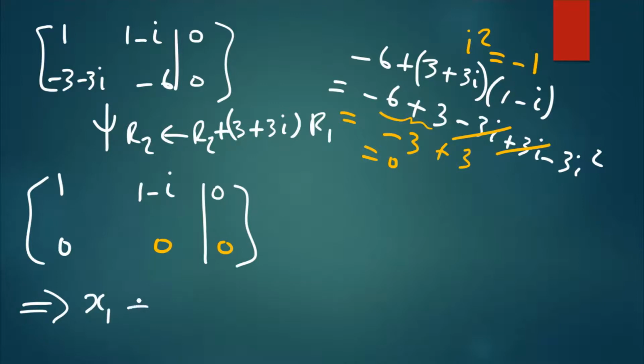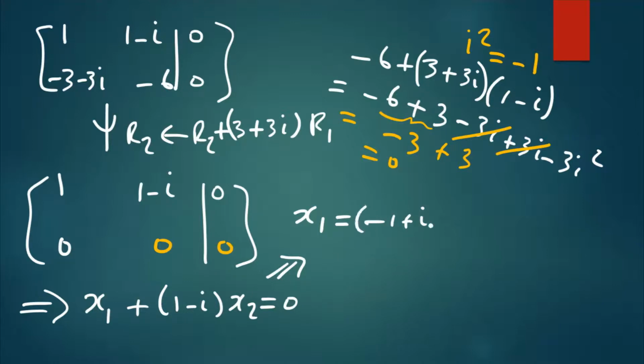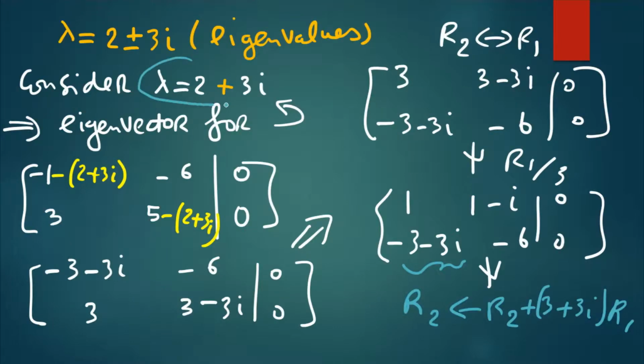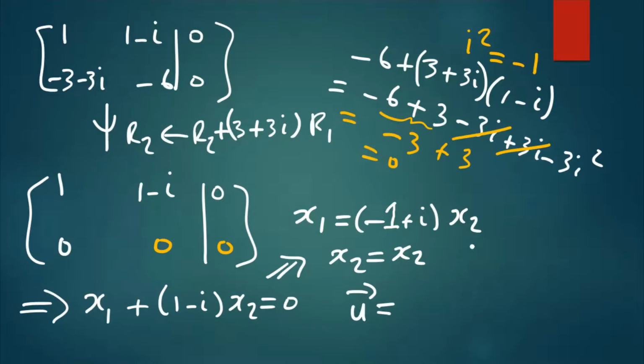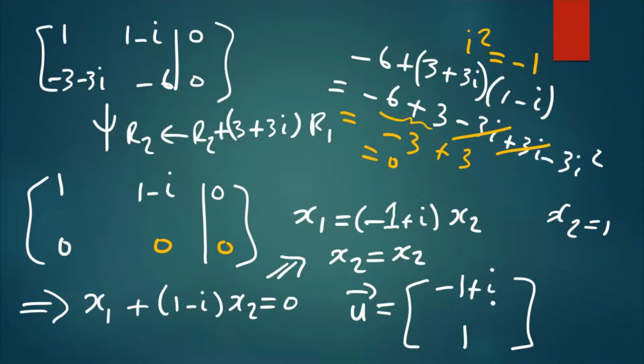We have x1 plus 1 minus i times x2 equals 0. So x1 equals minus 1 plus i times x2, and x2 is a free variable. So an eigenvector for the eigenvalue 2 plus 3i is, if you pick x2 equal 1, we have 1 for x2 and minus 1 plus i for x1.